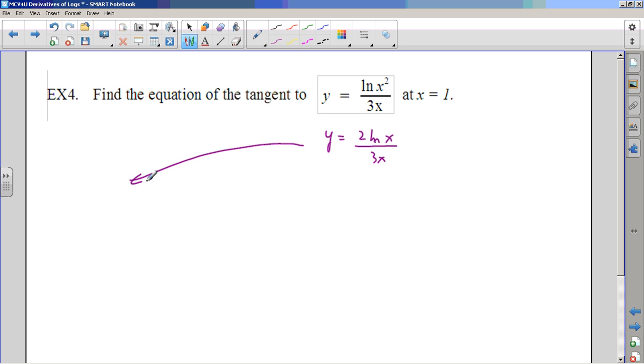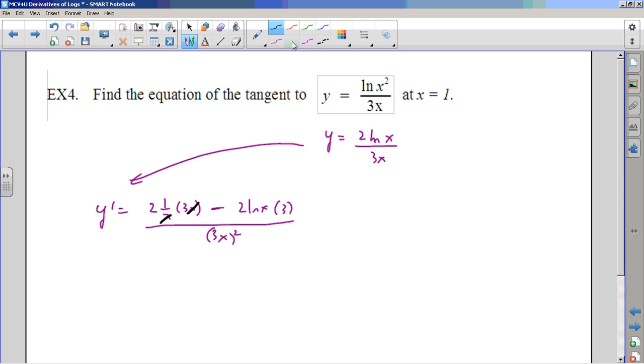I'm going to think about the derivative over here just so I have more room to work later. Derivative of the top is 2, 1 over x, right? That's the derivative of the top. Write down the bottom. Minus, write down the top. Derivative of the bottom is just 3, over the bottom squared. Okay, now let's tidy. Notice there's an x there and an x there in that term.